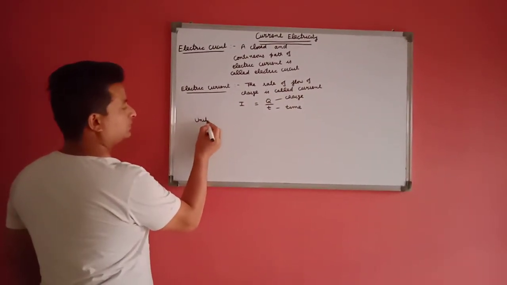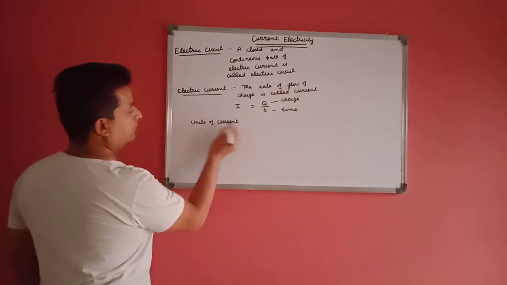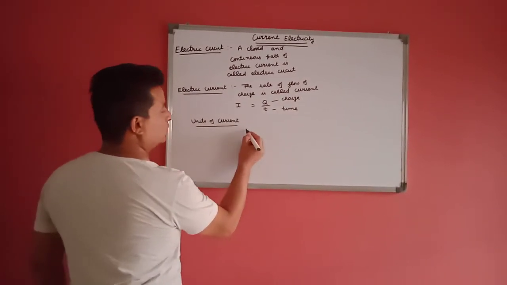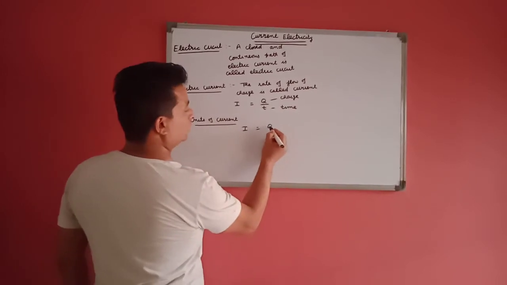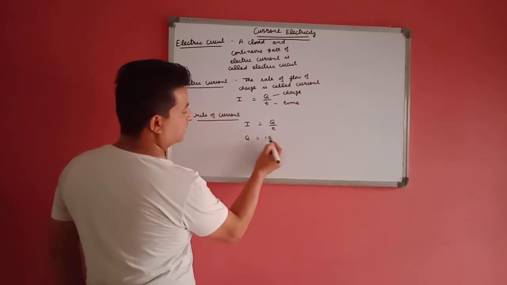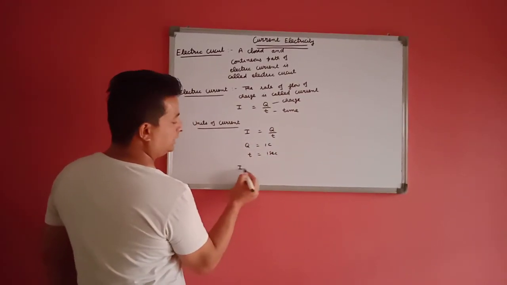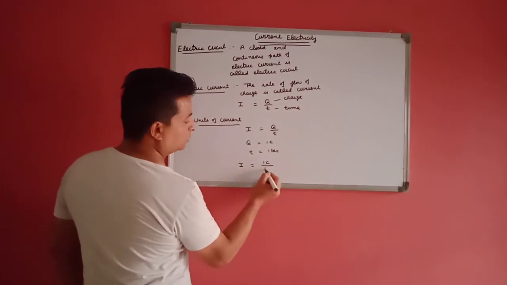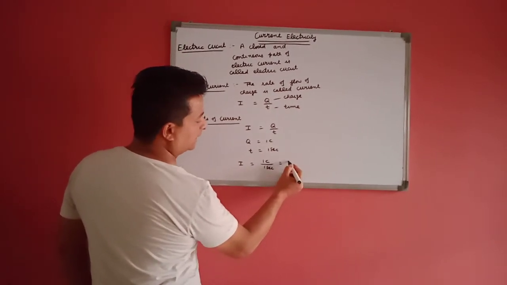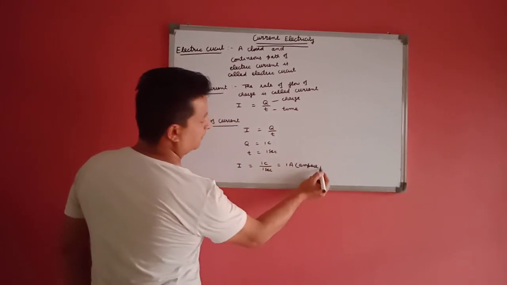Units of current. As we know, I is equal to Q upon T. When we take charge as 1 coulomb and time 1 second, then I is equal to 1 coulomb upon 1 second, which is called 1 ampere.